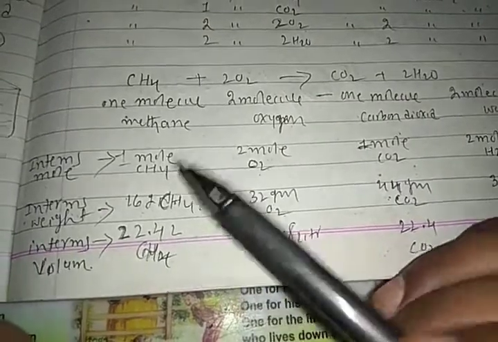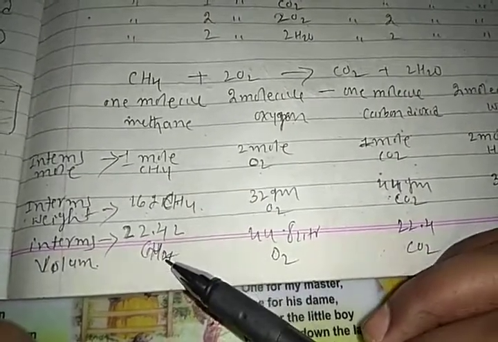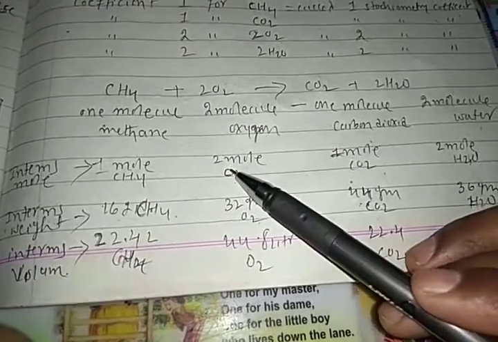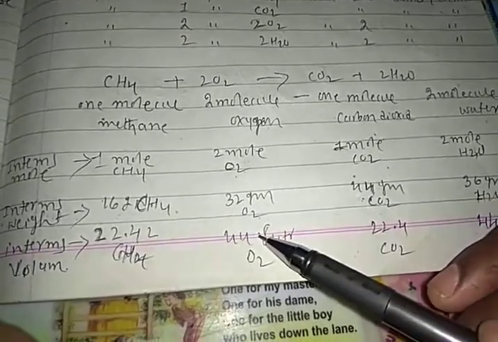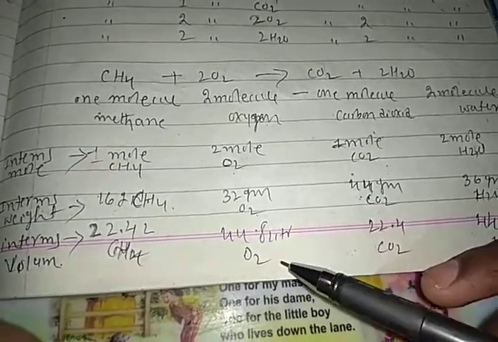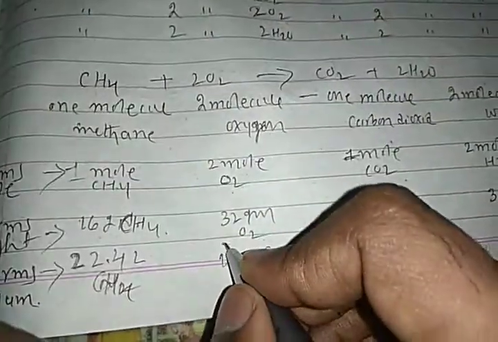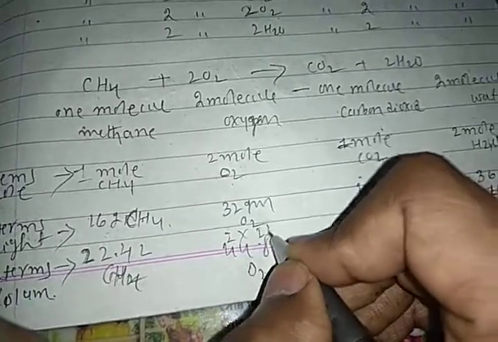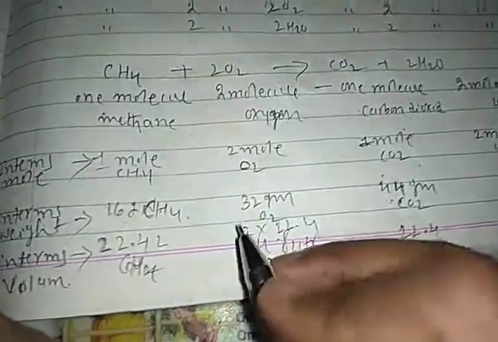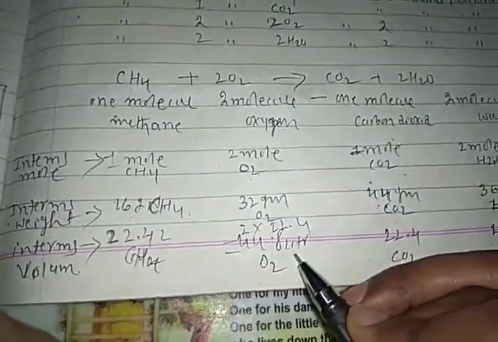22.4 liter. The 22.4 liter of methane gas. For oxygen, 2 moles, we are multiplying 2 into 22.4, so it becomes 44.8 liter of oxygen.